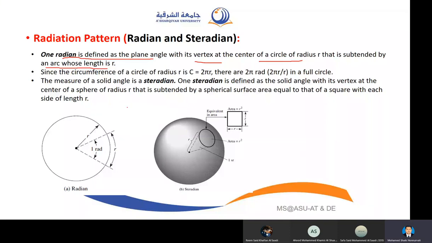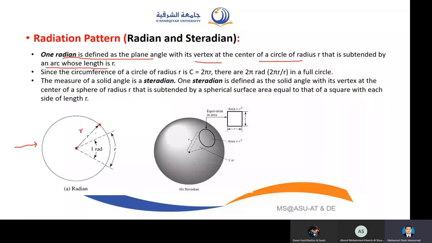To explain this, please watch this figure. For example, we have a circle like this. From the center of the circle to any point on the circumference, we measure the distance. This distance we call the radius r.